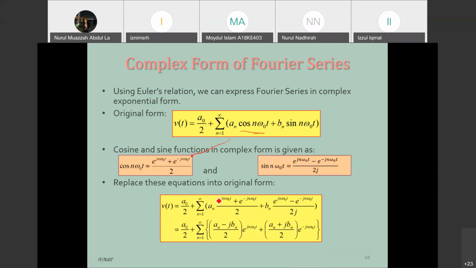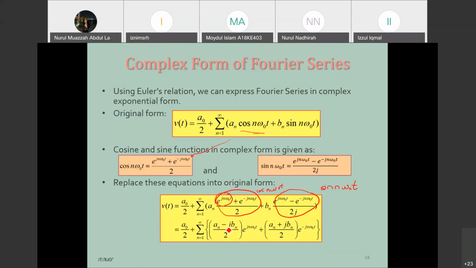Okay, so this is cos n omega naught t, and this one is sine n omega naught t. And then you rearrange the equation so that exponent j n omega naught t here you can take out in the bracket. So you put together an minus jbn.